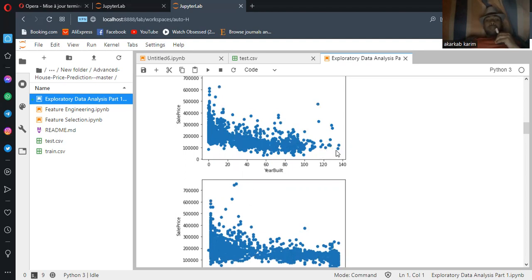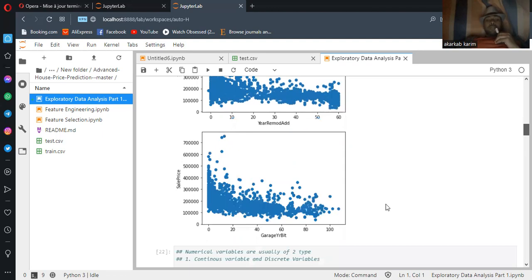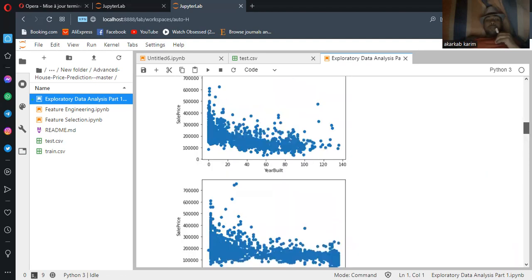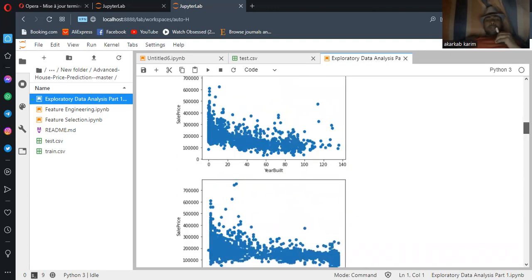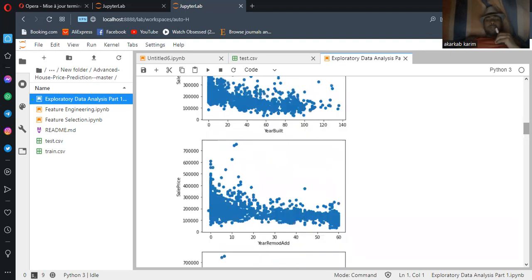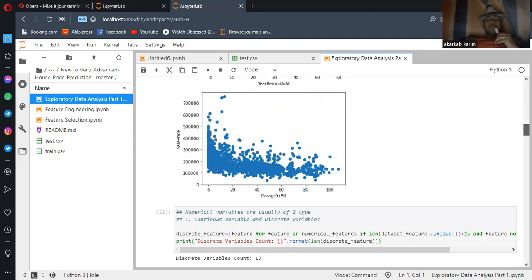Especially in this right part, we also have some scattered points. The same thing goes for the garage year built. Maybe it is like the first figure, the year built, because that can explain it: the same year the house was built is the same year the garage was built.